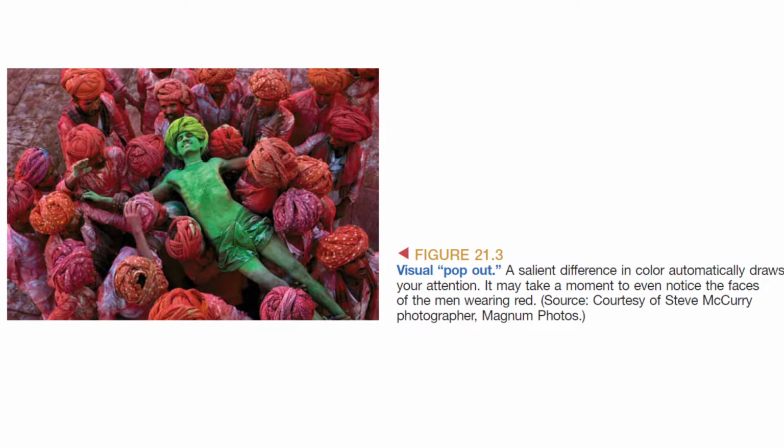And after this is a very simple image, just trying to make an example of one kind of attention called bottom-up guided attention, where the salience of the stimulus is so strong that we cannot avoid looking at it.